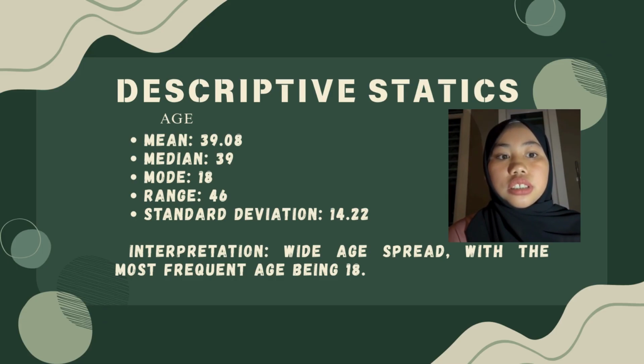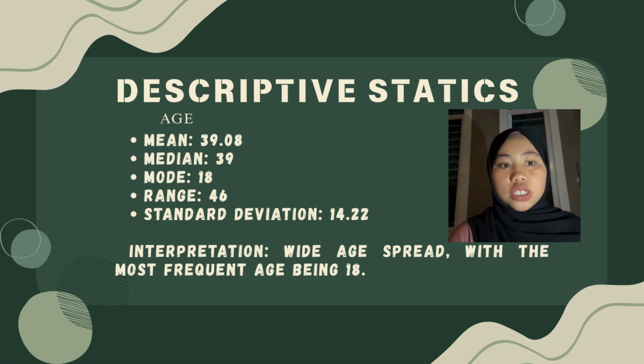Starting with age, the mean age of the individuals in our sample is approximately 39.08 years, which means most people are in their late 30s. The median age is 39, which further supports that the central value of the dataset is consistent. Interestingly, the most frequent age is 18 years old, showing that there is a large group of young adults in the sample.